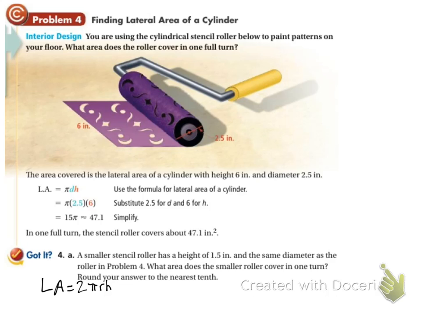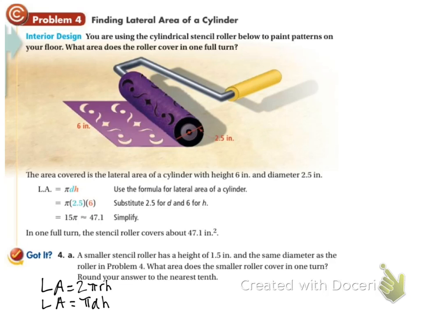So either you can take the diameter and divide by 2, or you could use the equation LA is equal to pi d h, right? Because if I combine the 2 and the r, 2 radii is just the diameter. So your choice, if you just want to memorize that first one, stick with it all the time, that's fine. Just divide your diameter by 2, or we can use the second one.